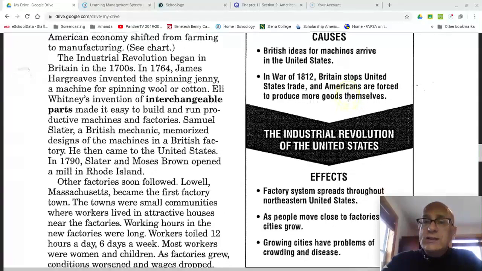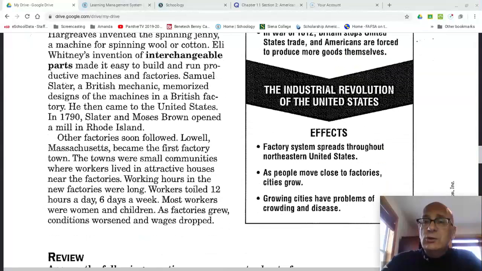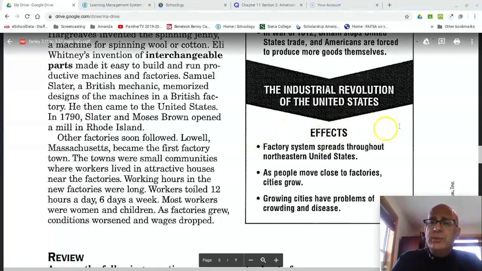So these causes are going to result in the Industrial Revolution. The things that we just talked about: the building of factories and the growth of large cities in the North, urbanization, people moving from the farms and the rural areas to the cities. And the effects are that the factory system is going to spread throughout the northeastern United States.